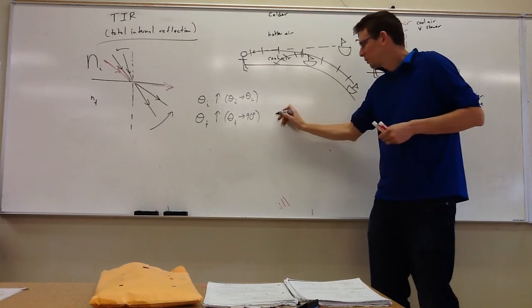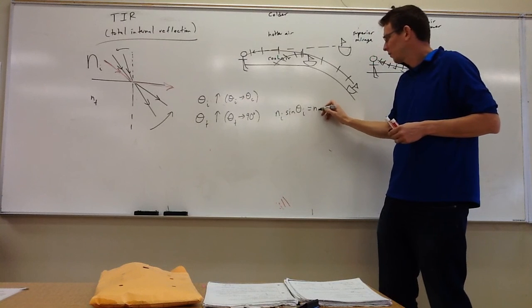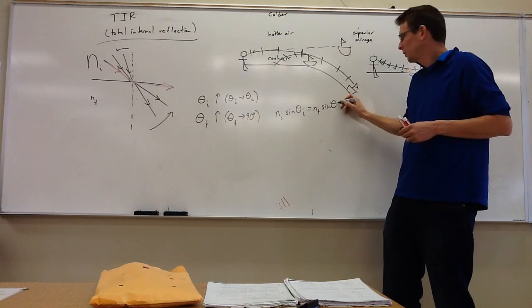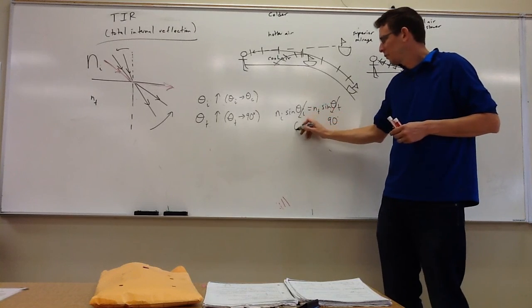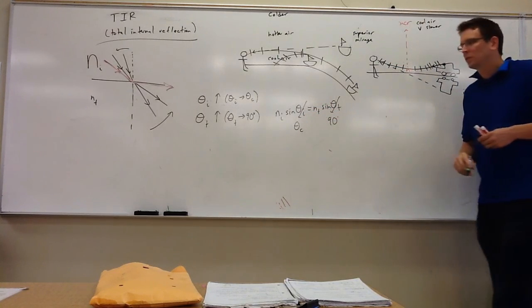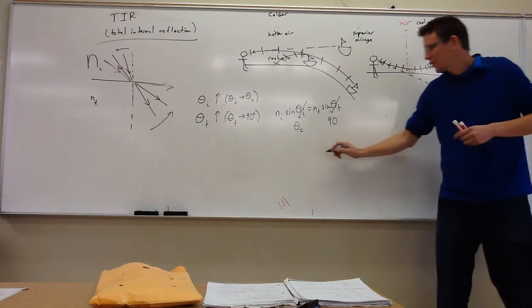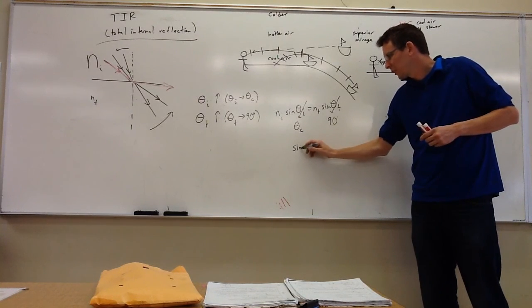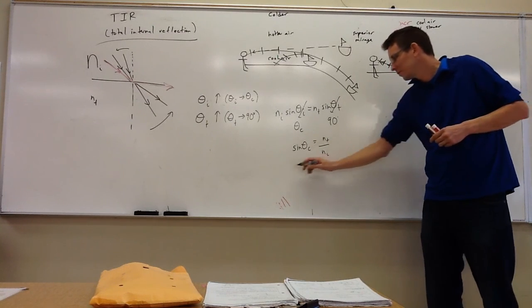So let's go ahead and bring out our law of refraction and just write it down. Looks like this. So when the transmitted angle goes to 90, the incident angle has reached the critical angle. Now sine of 90 is actually 1, so we can solve for the critical angle, or at least the sine of it. It just looks like this.